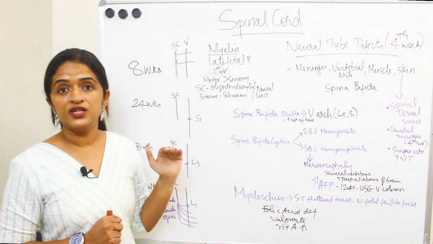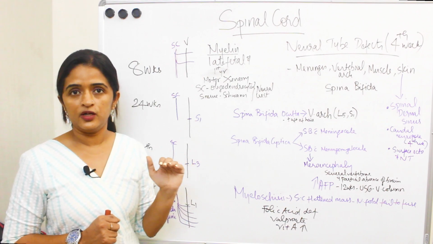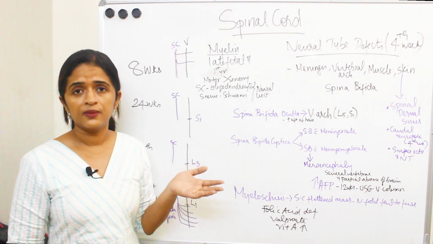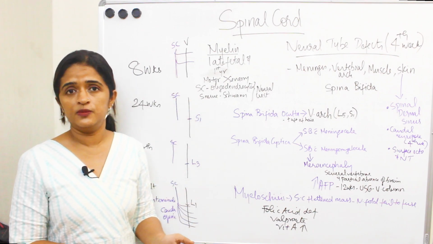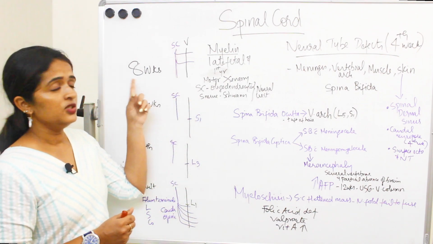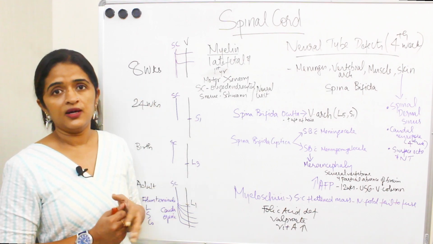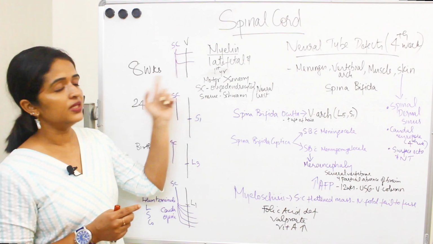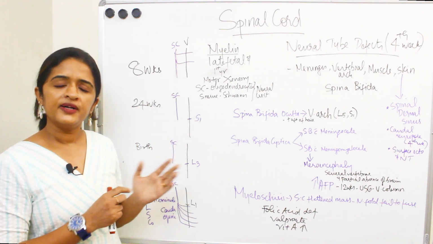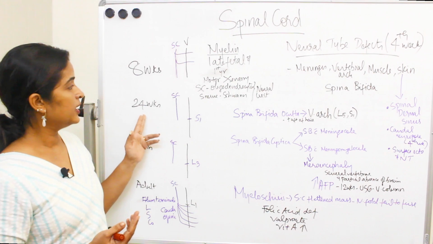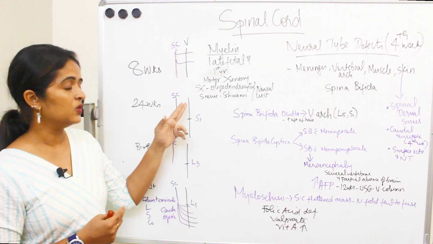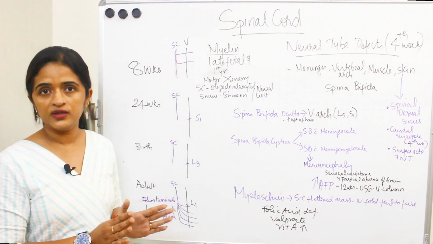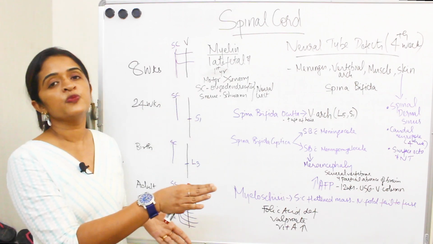Now considering the different positioning of the spinal cord, we know the adult spinal cord is not actually aligned along with the vertebral column, right? During the 8th week of uterine development, the spinal cord is in line with the vertebral column. But then later, by around 24 weeks, the vertebral column gets elongated, but the spinal cord does not get elongated like the vertebral column.